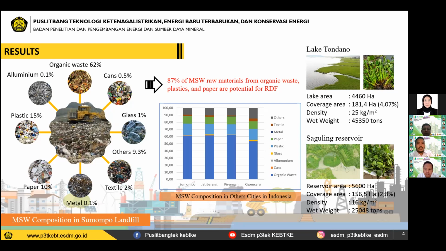This composition is not different from the waste composition that we have studied in several landfills in Indonesia, where the percentage of organic waste is about 54 to 62%. So based on this data, they have 87% potential waste for RDF, coming from combustible waste such as organic, plastic, and paper.